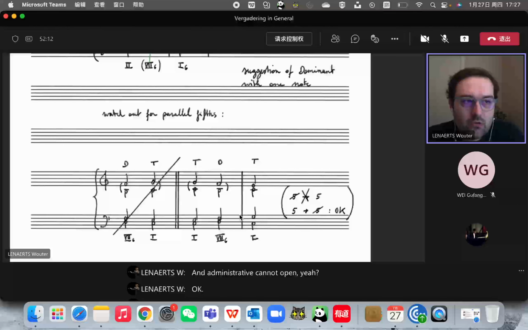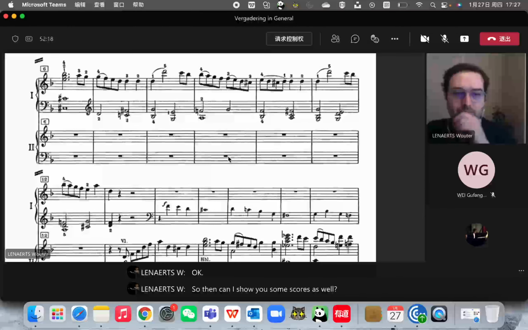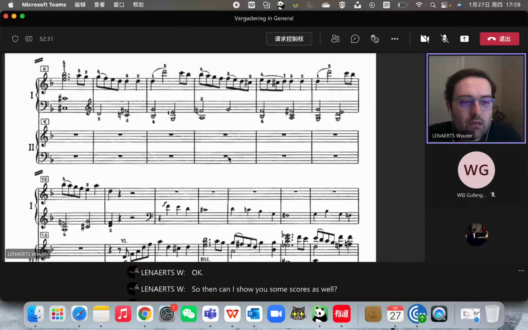So then, can I show you some scores as well? The diminished fifth needs to resolve. It cannot go up, it can go back, it has to go to Do, Mi and nowhere else. Then here we have D minor. Can we check once these chords?